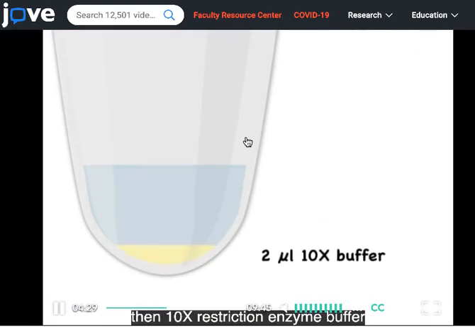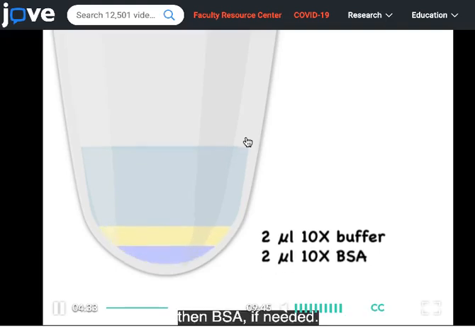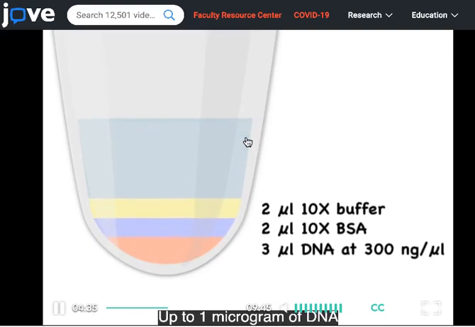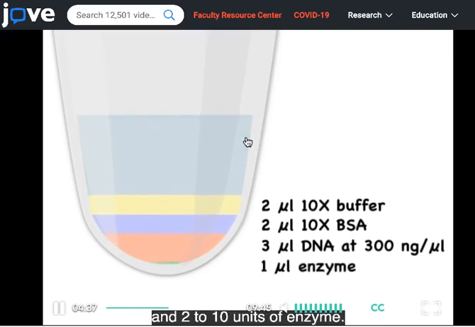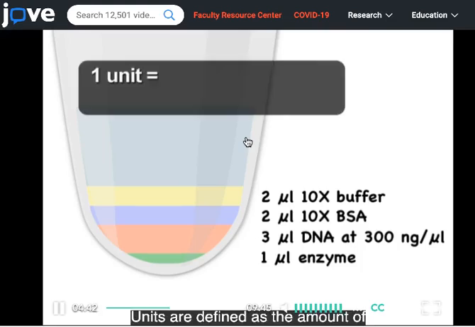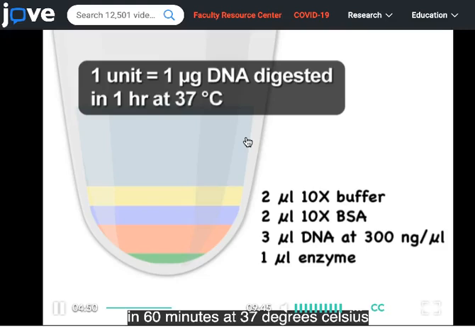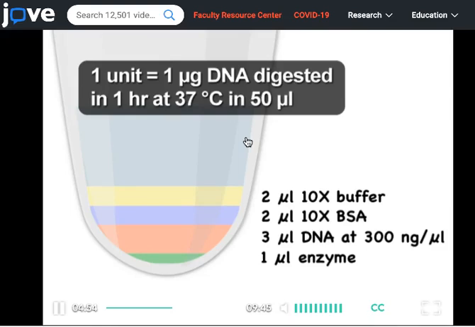Then 10x restriction enzyme buffer, then BSA if needed, up to 1 microgram of DNA, and 2 to 10 units of enzyme. Units are defined as the amount of enzyme required to produce a complete digest of 1 microgram of control DNA in 60 minutes at 37 degrees Celsius in a 50 microliter reaction volume.